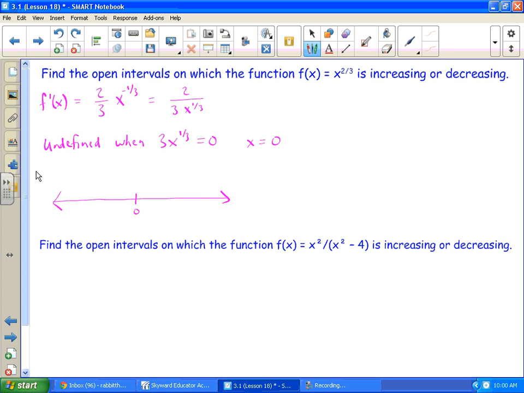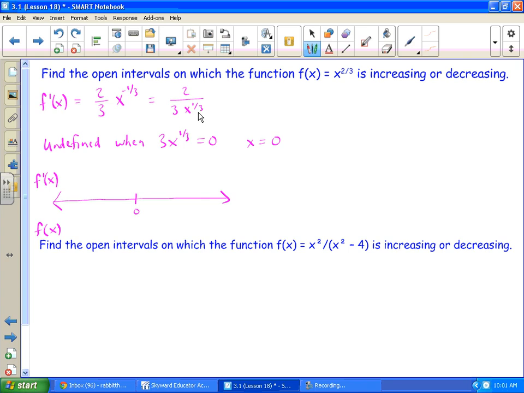What do I put up here? F prime, good. And then down here I write f of x. You need to write those things on there every time. So if I plug in a negative value, what's true about the derivative? It's negative, right?